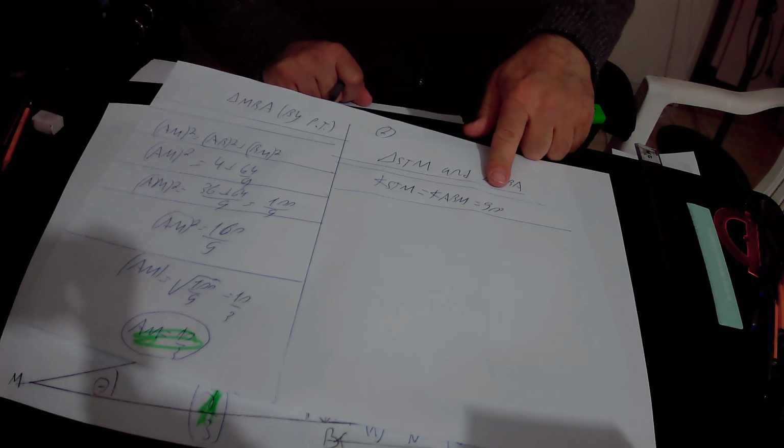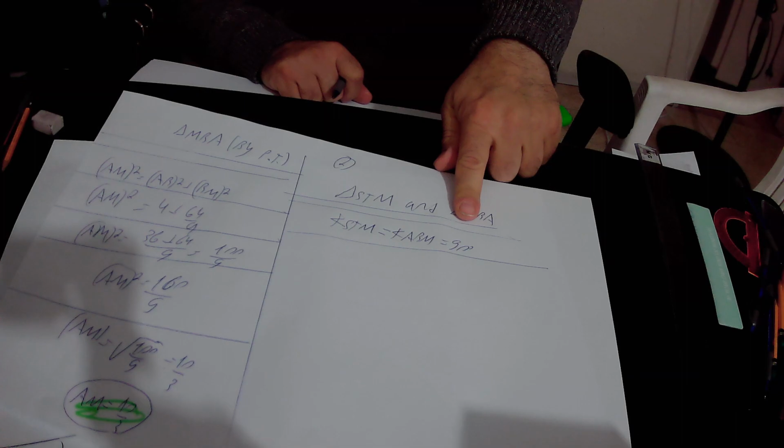Angle STM equals angle ABM. They are both equal to 90 degrees, therefore they are equal to each other.